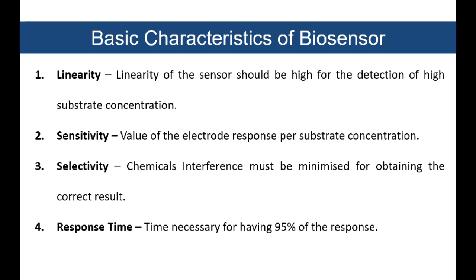The sensor should be designed like that. It should have a very high sensitivity so that the electrode response per substrate concentration is high. The selectivity should be very good. That is, the chemical interference present must be minimized for obtaining the correct result.